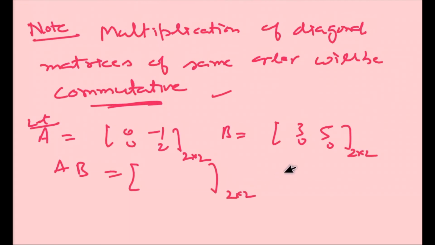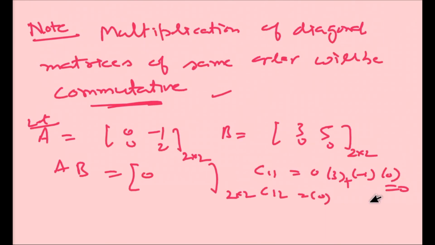What we get here? Let it be C11. First row 0, -1 multiplied by 3 into 0. We get 0. Okay. Now C12, first row multiplied by second column, that is also 0.